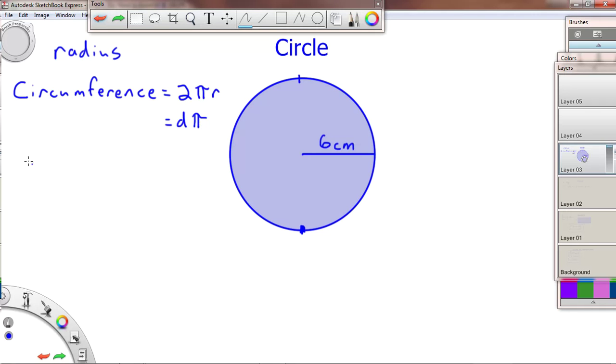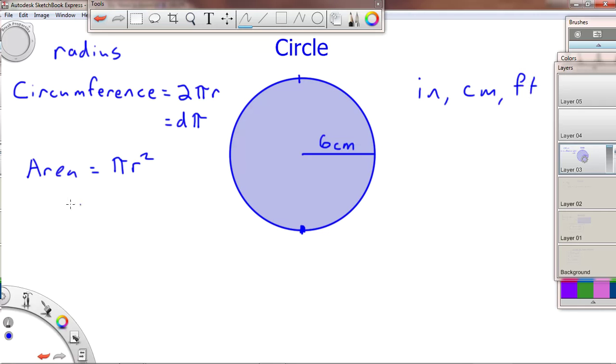Okay. And finally, the area of a circle is equal to pi r squared. Now, a good way to remember that this formula here goes for circumference and this formula here is for area is that when we measure distance, we measure in things like inches, centimeters, feet.